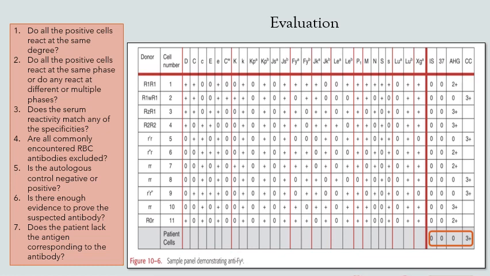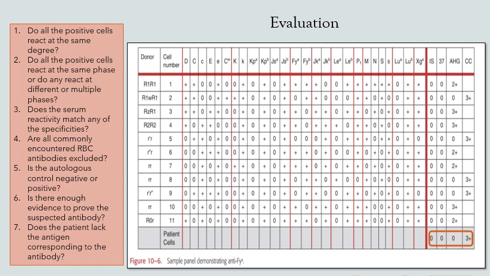Question number 1. Do all the positive cells react at the same degree? The strength of the reaction will indicate the amount of antibody we are looking for. A stronger reaction may show dosage. Different reaction strengths indicate more than one antibody and antigen with variable expression.